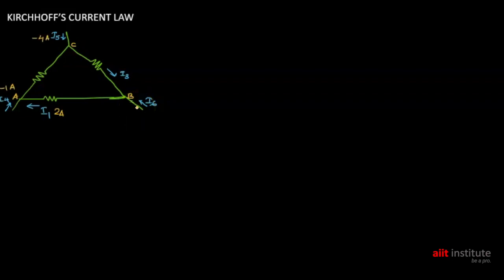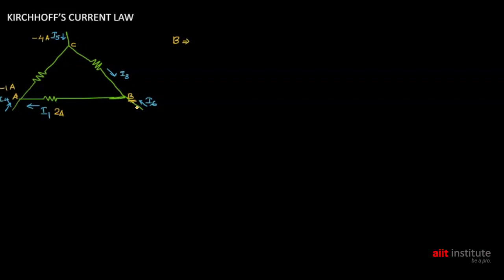These are the given currents. We have to find current I6 which is entering node B. So to find I6, we need to apply KCL at node B.